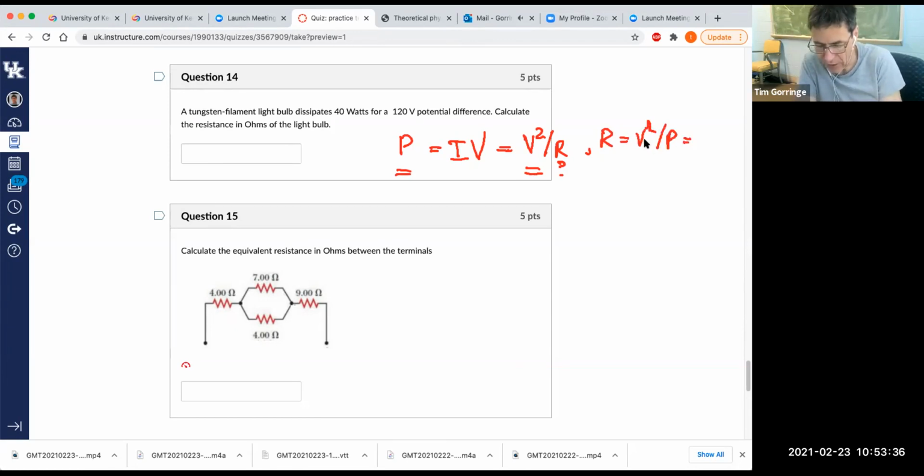And I filled in 120 volts, squared that, and divided by 40 watts. I got 360 ohms. And so 360 ohms is the answer to that question.